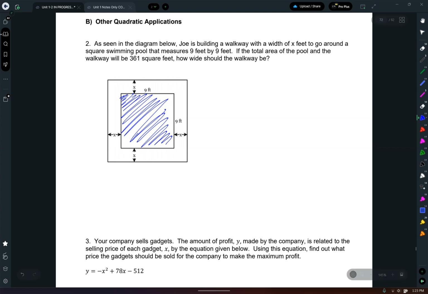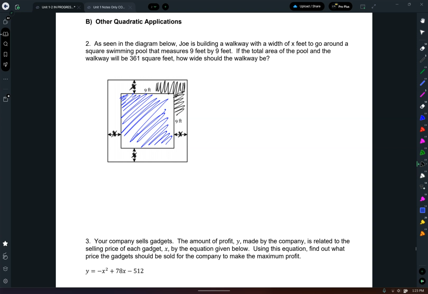And then it says that there's this walkway around, and notice all of this, all the way around, represents the walkway. I could keep it going. And the width of that walkway is uniform. You notice right here, it's going to be x. No matter where you are and which side of the pool you're on, the width of that walkway is x.